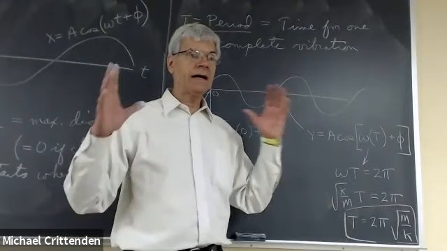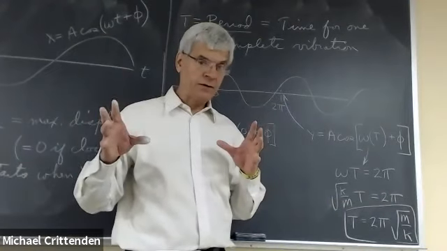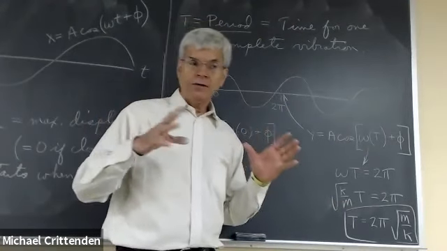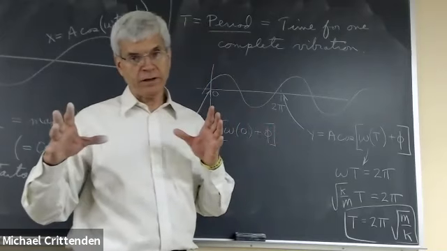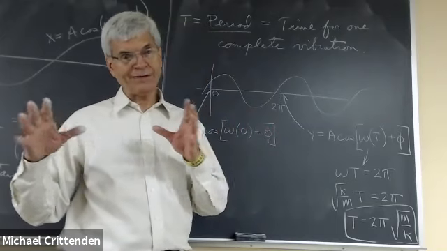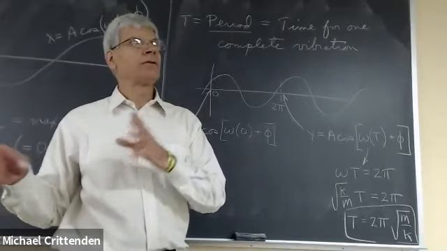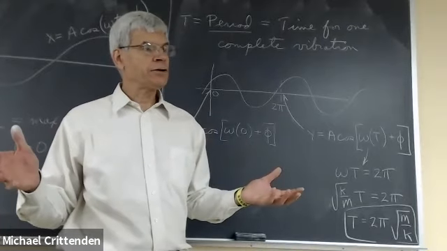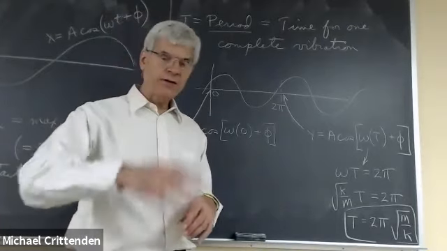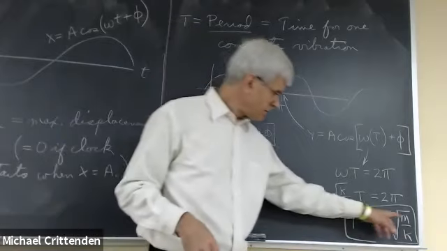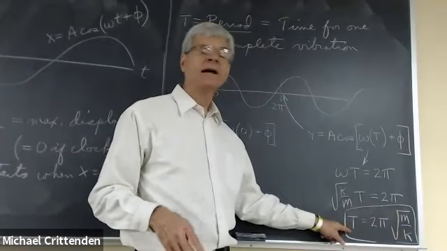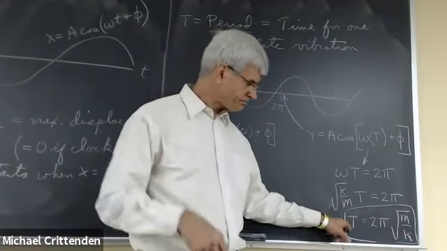If you've got something heavier on the end of the spring, it's harder to get it moving in the first place. Once it's moving, it's harder to slow it down again. So the inertia slows down the vibration. More mass means more time per cycle.